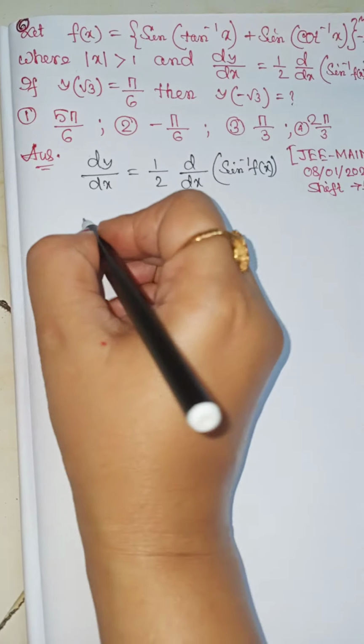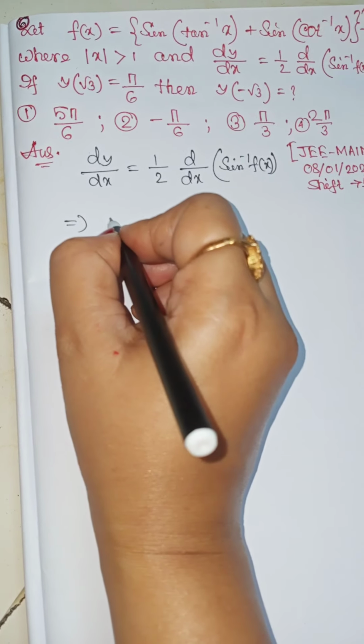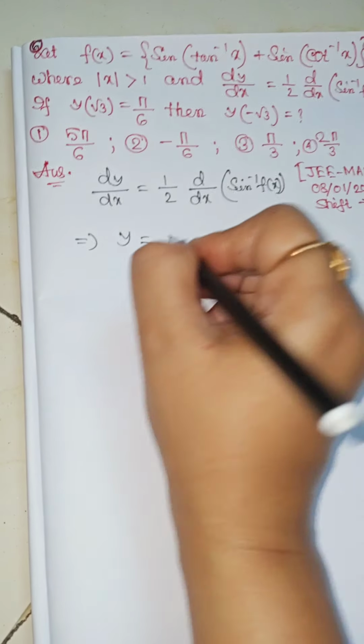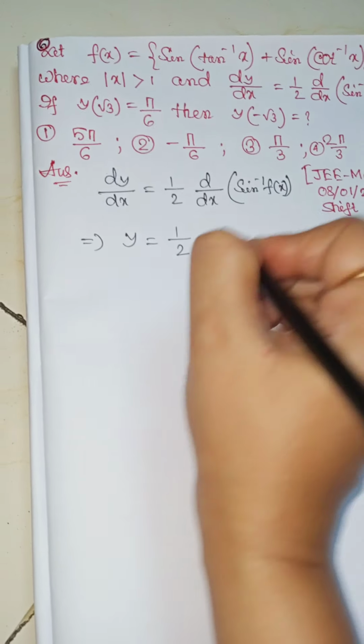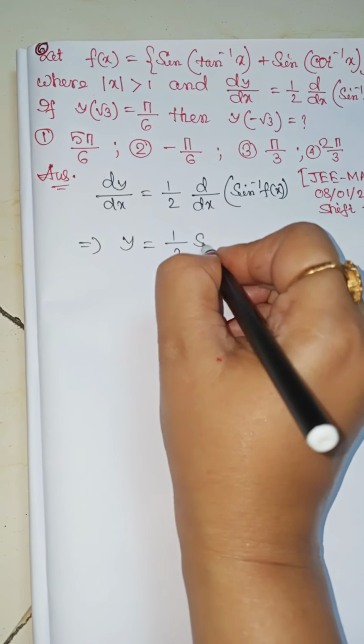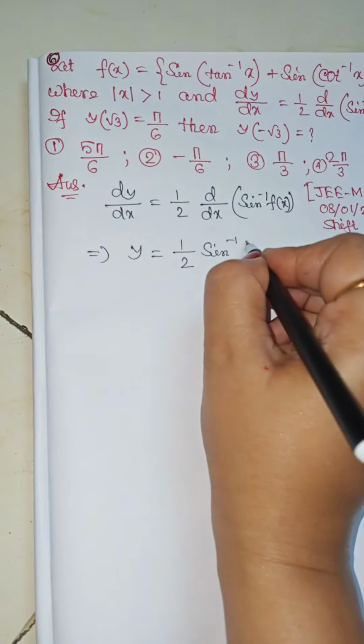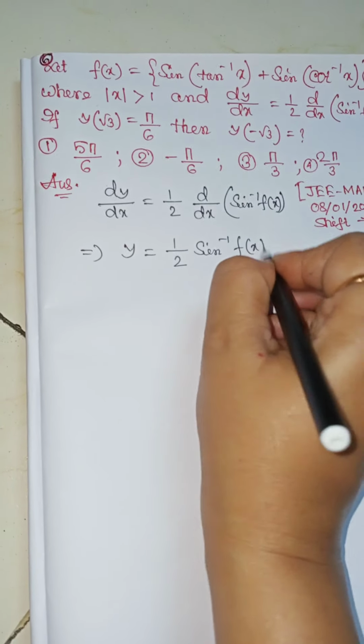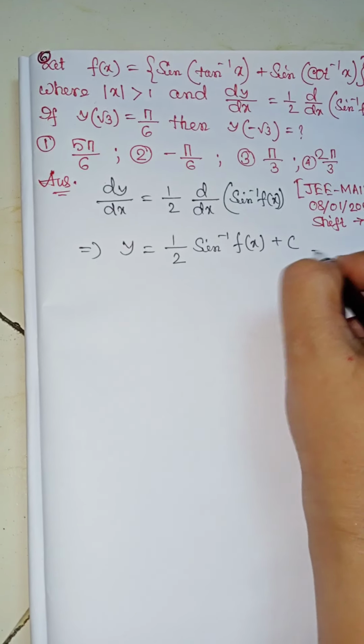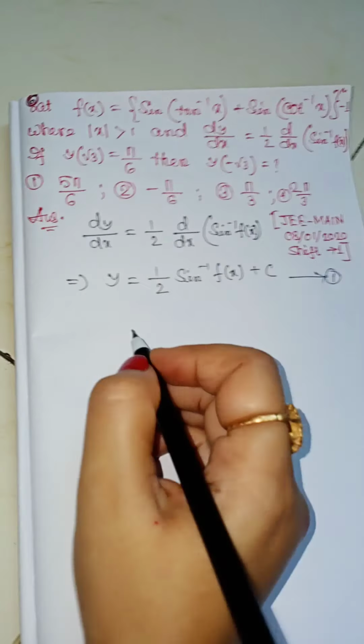Now integrating this, we get y = (1/2) sin⁻¹ f(x) + c. This is our equation number 1.